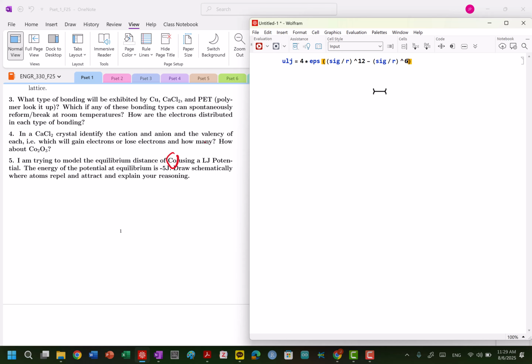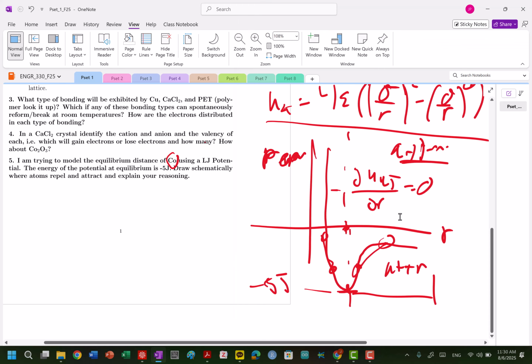So we're given one piece of information right off the bat. Actually, we can approach this from multiple perspectives. Let's start with the following. We're trying to model the equilibrium distance. We know that the equilibrium distance should be equal to 2R.